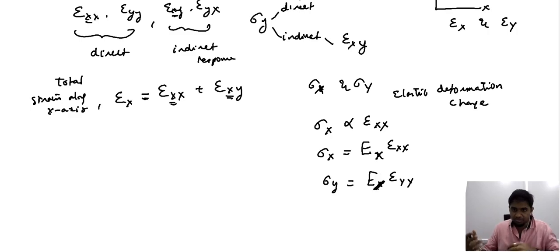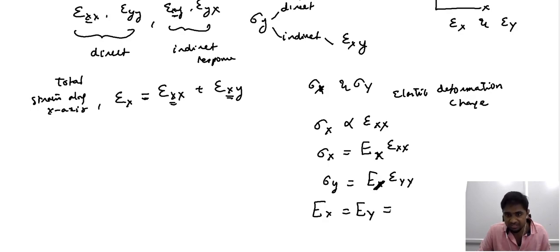Now it is possible for us to assume that irrespective of the direction, the constant, that is Young's modulus, is the same. So along the x and along the y, the Young's modulus is the same. It is E. So we are assuming that the material we are considering assumes the same constant value along the x-axis and along the y-axis.